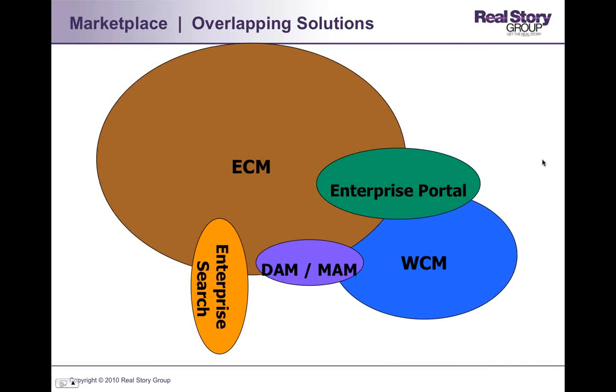The different markets that we cover, actually DAM is probably among the smallest of all the markets that we cover at Real Story Group. You know, the ECM market, my colleague Alan Pell-Sharp covers the ECM market, which is very focused on document management, record management. That market is huge, and many people will say, well, can I manage my media files within my existing document management system?